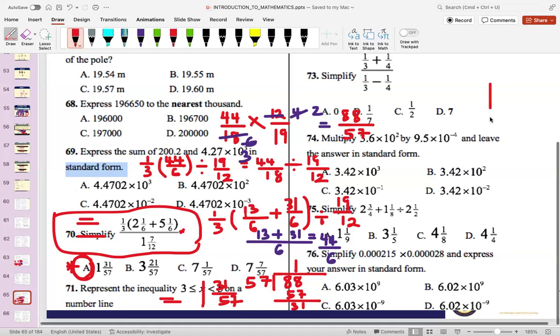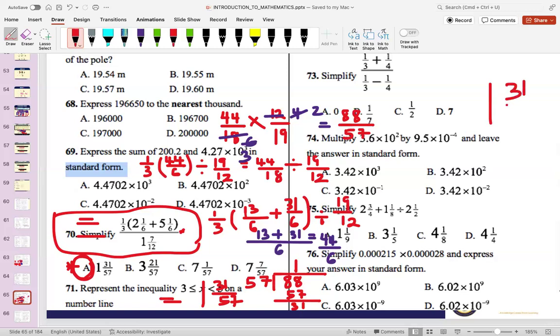We had one whole number. The remainder was 31. So 31 divided by 57. Yes, so that is how it is written. You always bring the remainder on top, and then you divide it by this one. Thank you, sir.